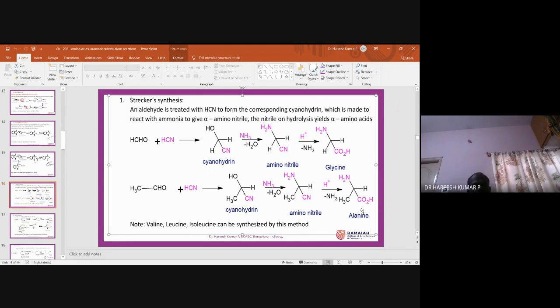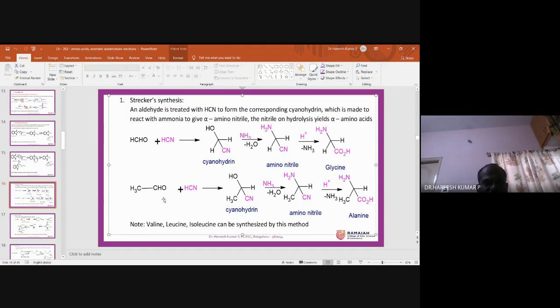So this is about the Strecker method. The Strecker method means a reaction of aldehyde with hydrogen cyanide gives cyanohydrin. Cyanohydrin on amination gives aminonitrile. Aminonitrile on hydrolysis gives amino acid. So that's what you need to remember with respect to this method of synthesis.